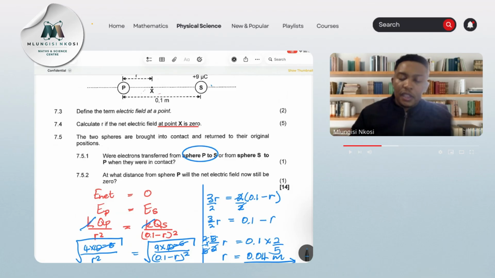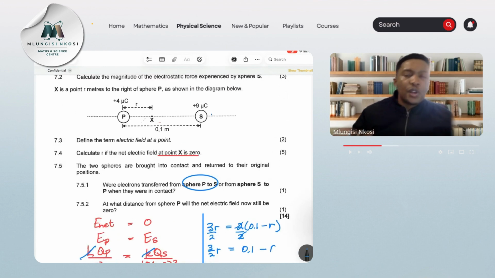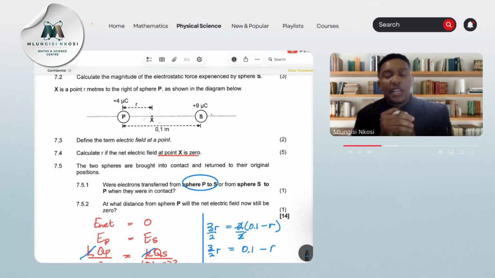And finally, they're asking at what distance from P will the net electric field now be 0? Remember, once we get 2 point charges to touch each other, electrons transfer until both of them are equal in charge.